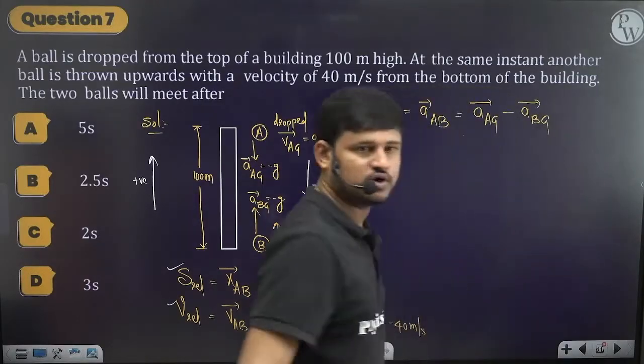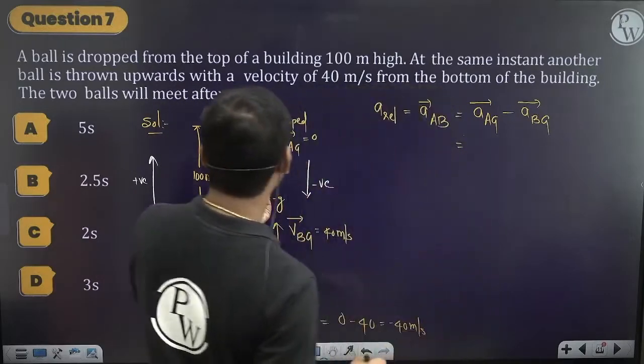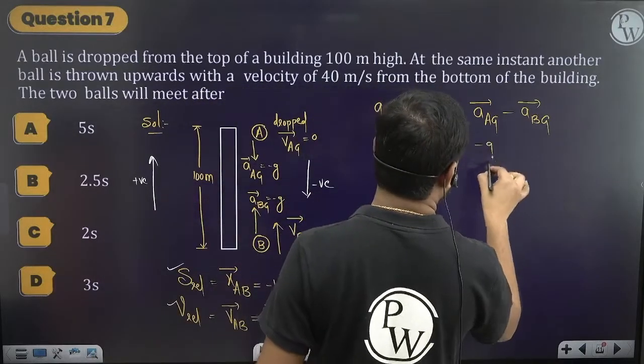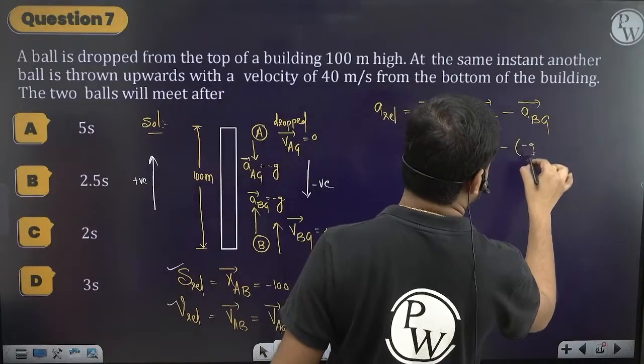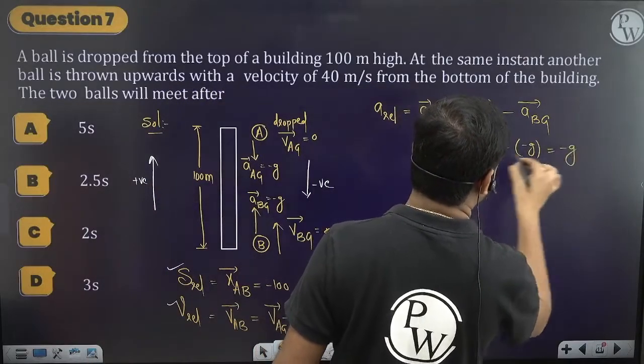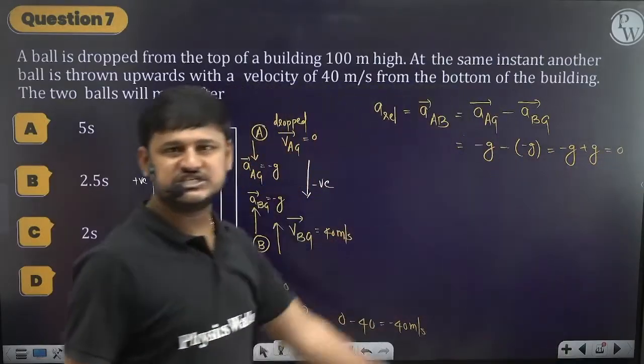From here, the acceleration of A with respect to ground is minus g, minus the acceleration of B with respect to ground, minus g. So this is minus g plus g, which is 0. The relative acceleration is 0 in this case.